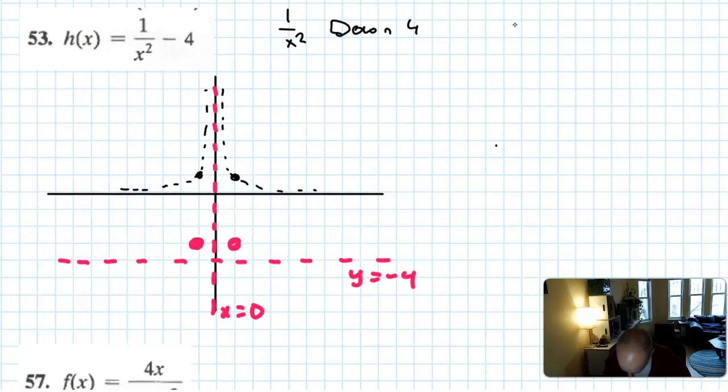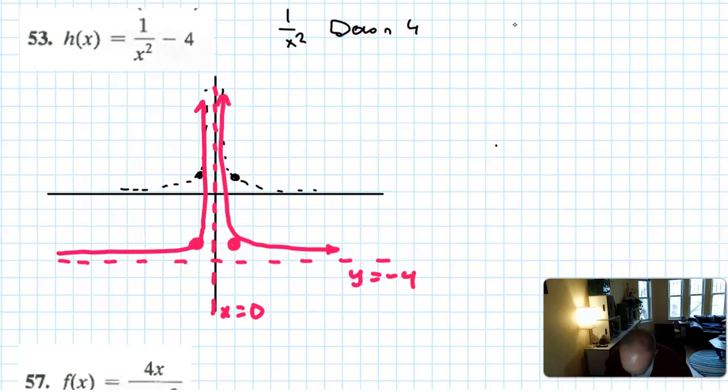Your vertical asymptote is still going to be at x equals 0. It's going to hit these 2 points. And it's going to look like this. The actual shape of the curves is a little bit steeper than those of 1 over x, because it goes through 1/4, 1/4 instead of 1/2, 1/2.